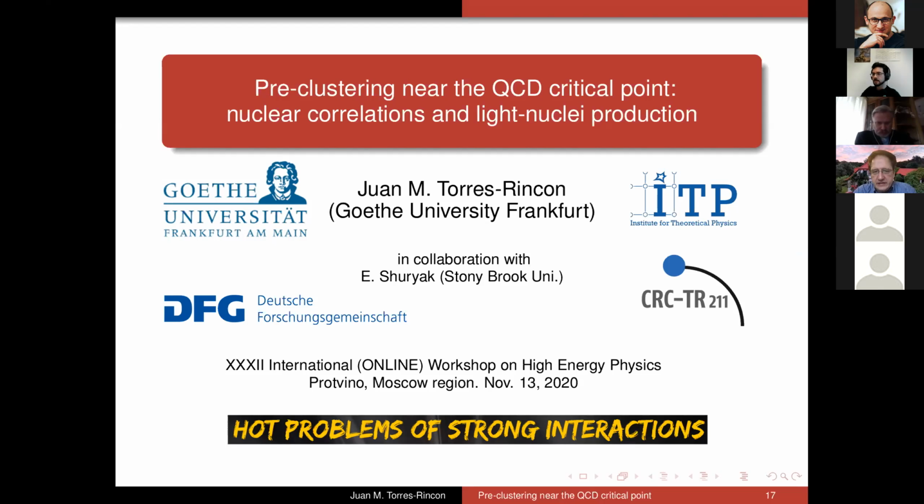And they did that and demonstrated this. So my question is, did you also consider constraints from chiral symmetry in the nucleon-nucleon interaction?